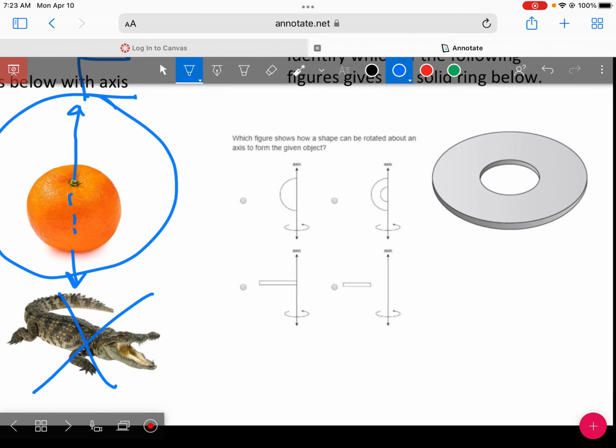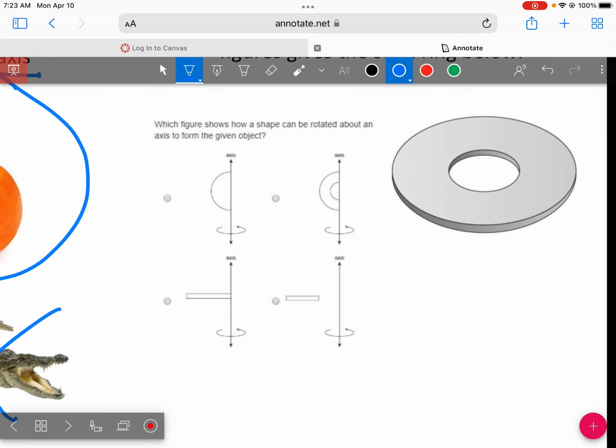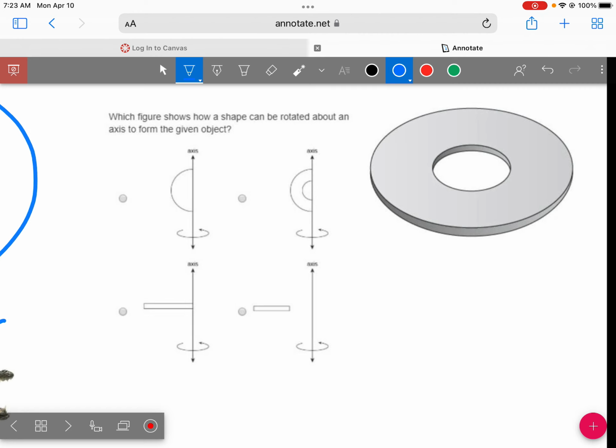Okay? All right, the second one. Which of the following, and it's kind of hard, I'm going to try and make it a little bigger. If we rotated these figures around that axis, which of those is going to look like the washer on the right? Top right. This one right here? Yes. Well, let's think about this.